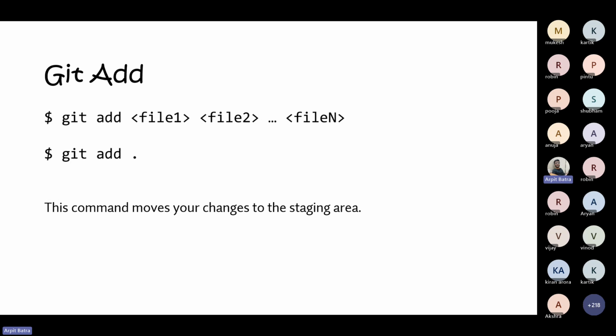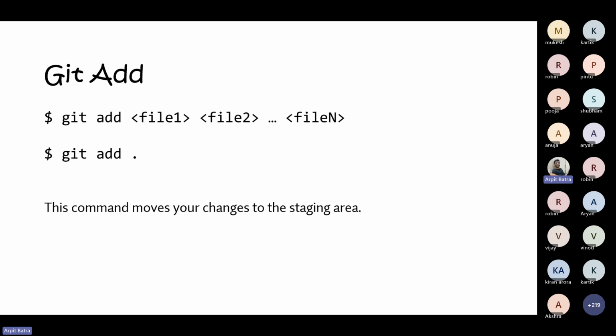Now we have Git add. I repeat again, in this presentation we only discuss Git commands and how the installation process works. If you want to find the content for Git and GitHub, you can watch my previous lecture, where we already discussed these things.